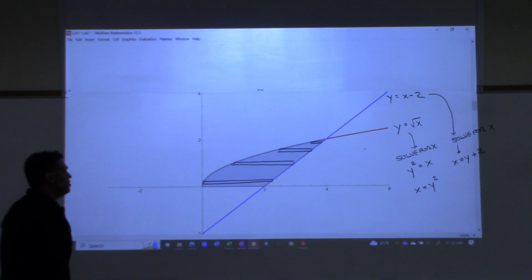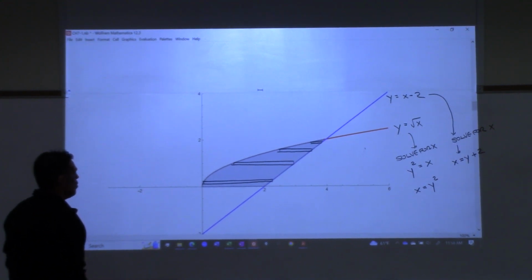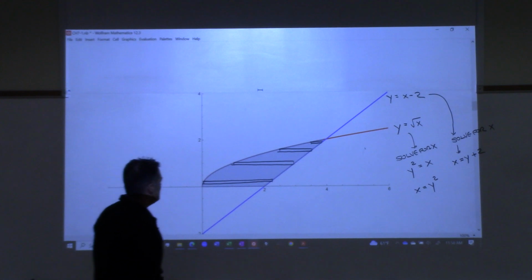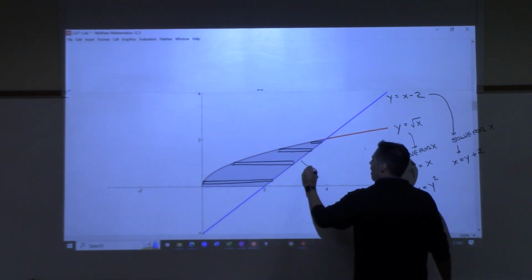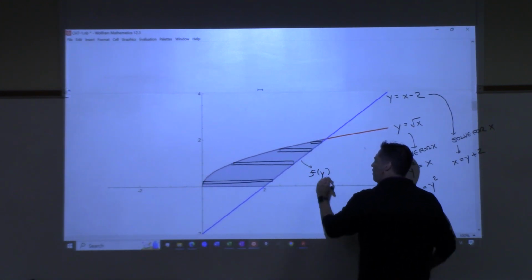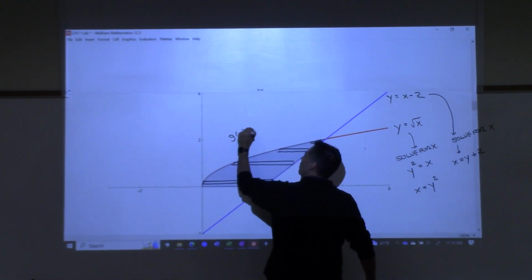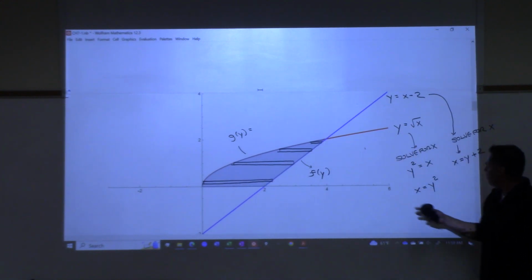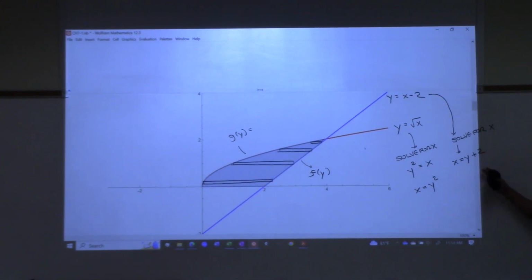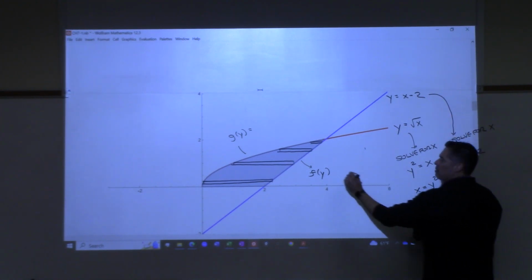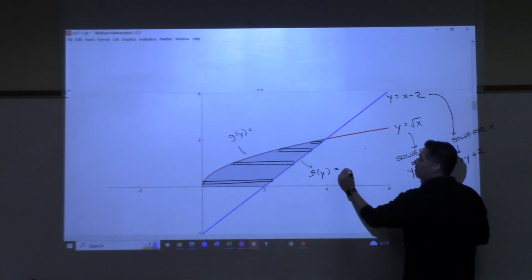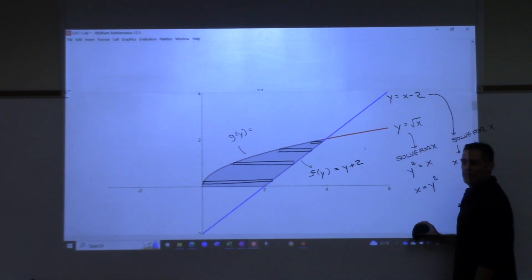Now, let's stick to the notation that we have here. According to the notes I just gave us, the one on the right side should be f of y, that's what I call it, and the one on the left is g of y. So what is f of y for us? It's this one, but now I've solved for x. So f of y is y plus 2.